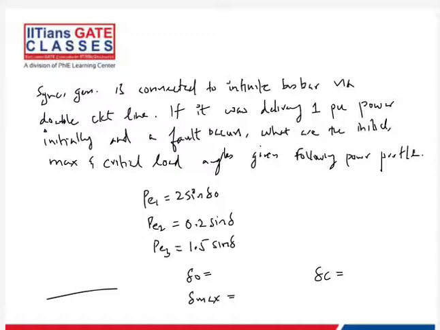Okay, delta 0 is 30 degrees. Got it as 30 degrees. Is it good? That is 30. Right.